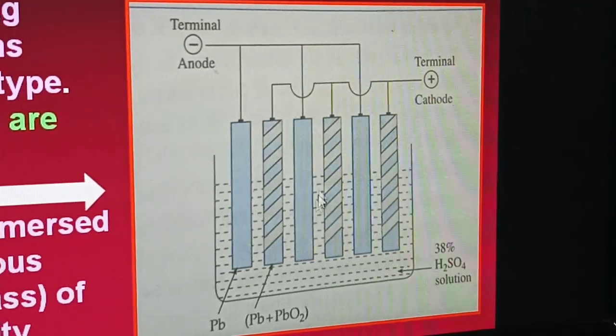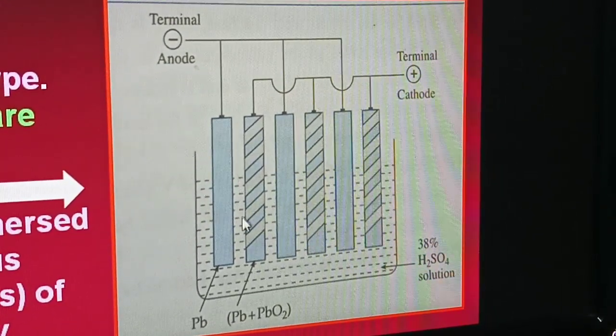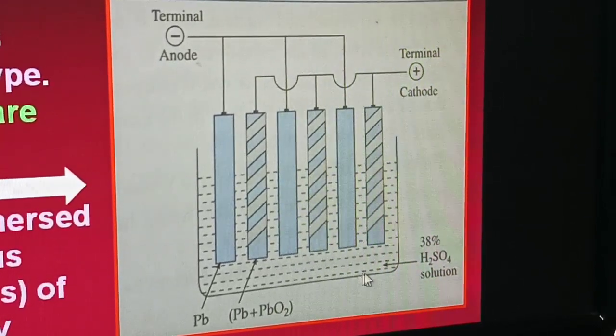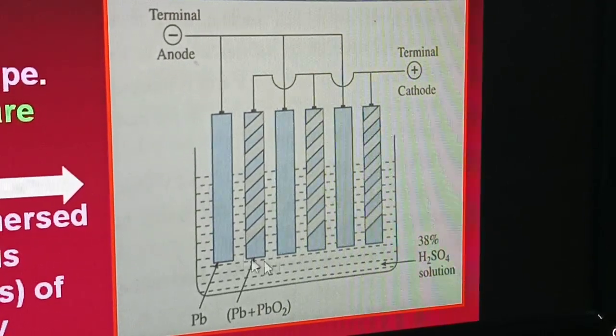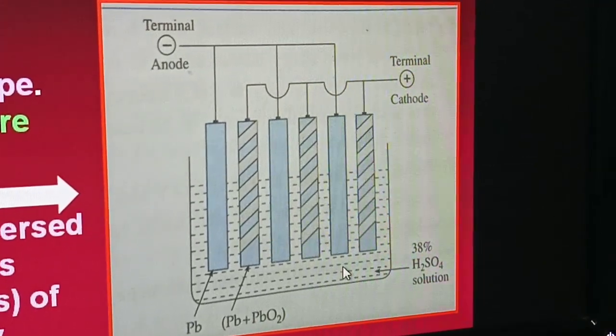These electrodes are immersed in an electrolytic aqueous solution, that is 38% by mass of sulfuric acid, whose density is 1.2 gram per ml and molarity is 4.963 M.